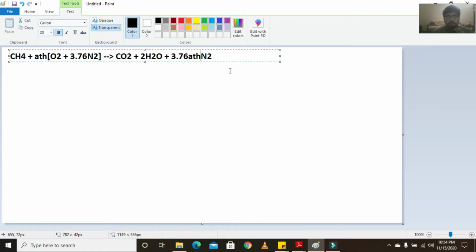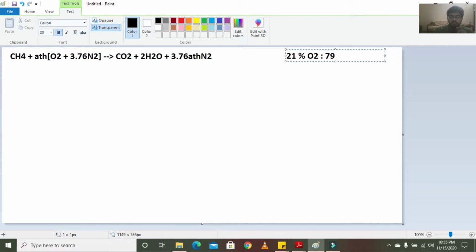Now the question which arises is: how did we get these 3.76 moles of nitrogen? The answer is that we have 21% oxygen in air and 79% nitrogen in air.